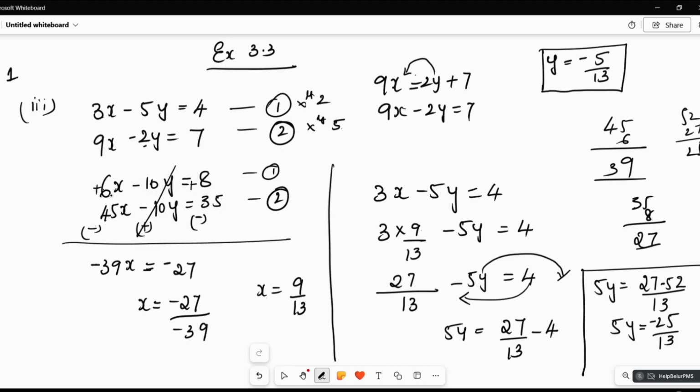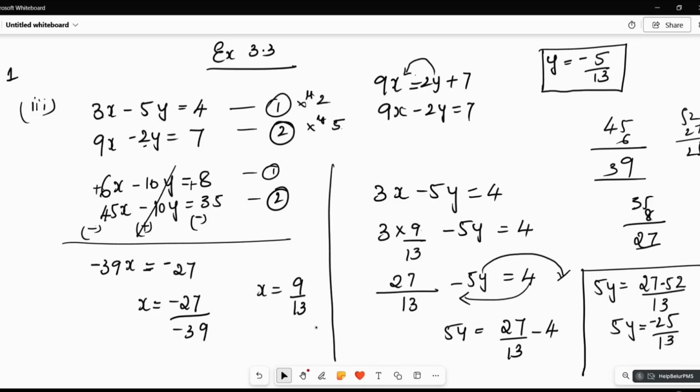Now minus 45x plus 6x, minus 45 plus 6, you will get minus 39x. And minus 10y plus 10y will be 0. So that is equal to minus 35 plus 8, that is minus 27. So x is equal to minus 27 by minus 39. Minus into minus is plus. Simplify this, you will get 9 by 13.